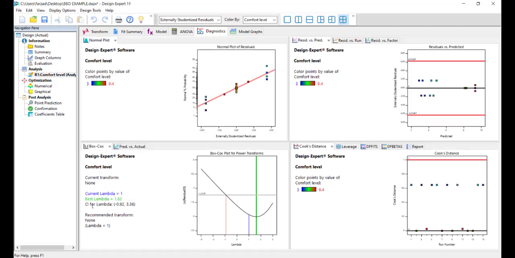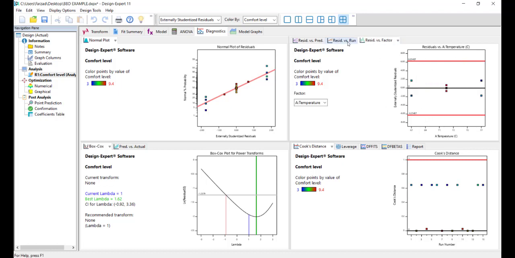So we don't need to select any transformation, and you can see here the normal plot. No strange shape. None of the points is far from the fitted curve or line, and also in these graphs, residuals versus run, no strange change, no high or low values out of these two boundaries.